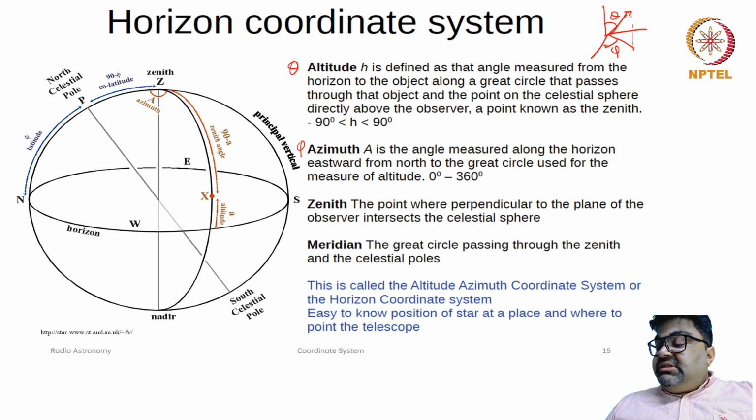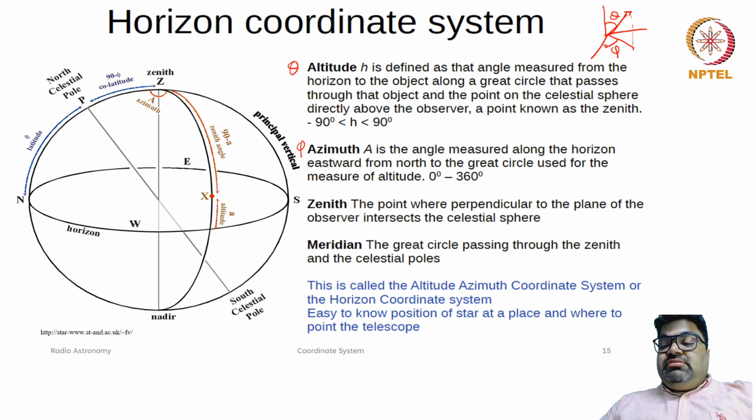It is easy to know the position of a star at a place from the given point of the telescope. But one drawback is that it varies from one position of the observer to the next. So it's very local, it's very relative, and so it is good for knowing the position from the telescope itself.